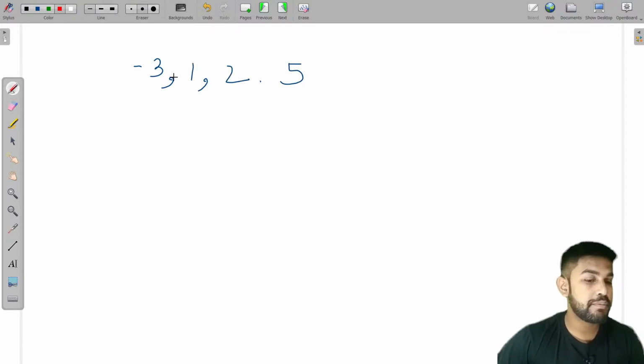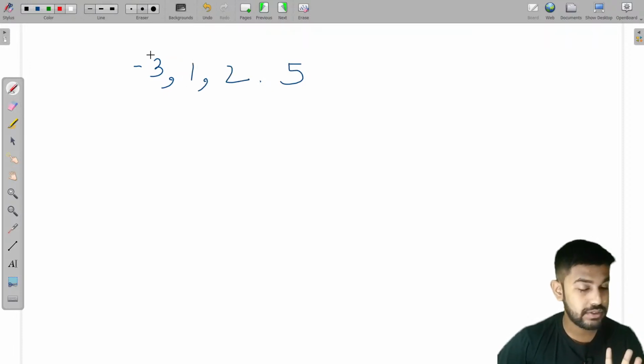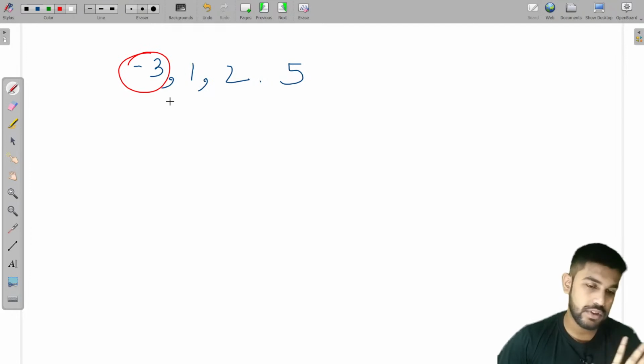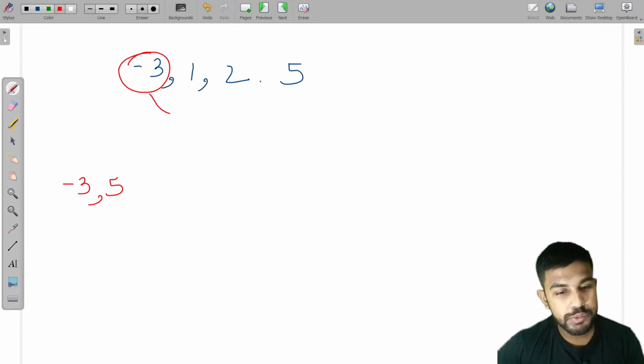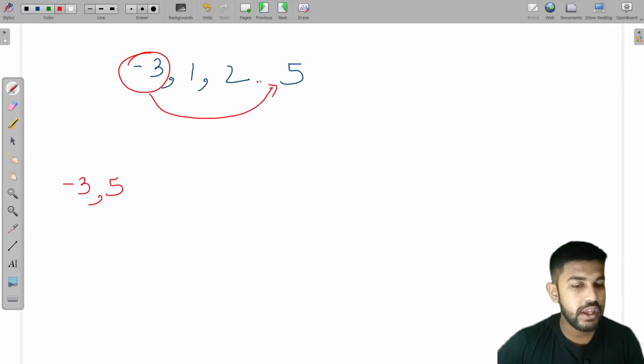So let us see what are the number of pairs with -3. So we would consider only this number. What are the pairs with this? -3 with 1? No, it won't happen. -3 with 2? No, it won't happen. -3 with 5 would result in a positive. So we would just write -3 and 5. Then suppose we have 10 here.